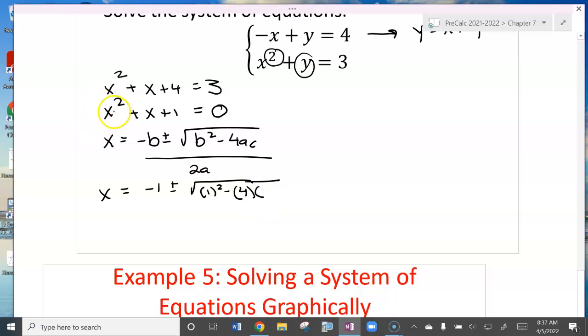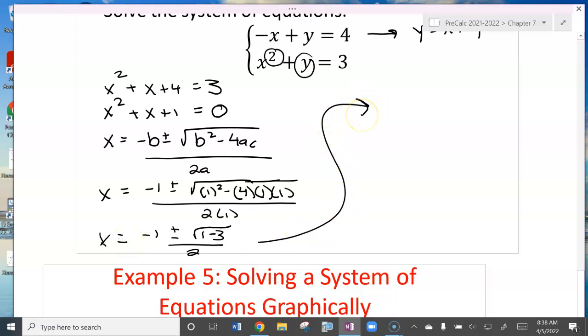A is also 1 because that's the coefficient in front of x squared, and then c is 1, all over 2 times 1. So that's going to give me x equals negative 1 plus or minus the square root of 1 minus 3, over 2.